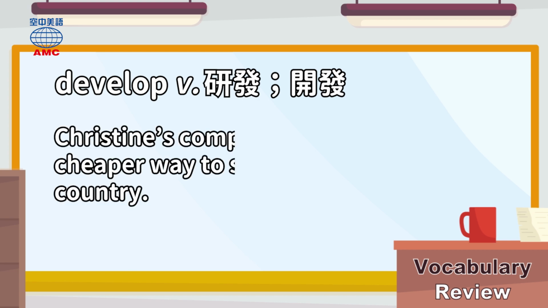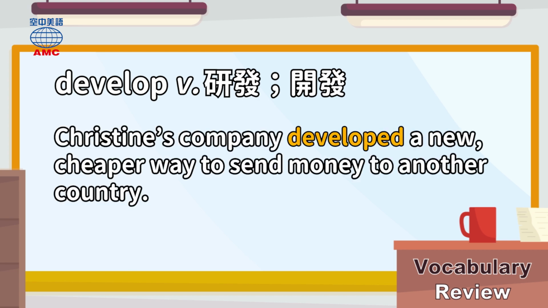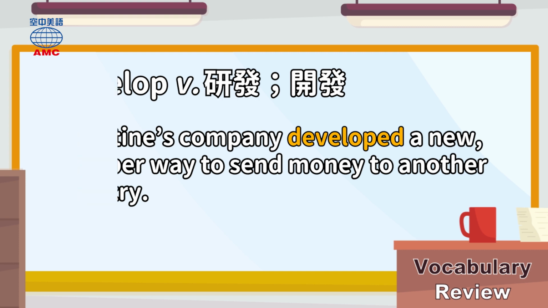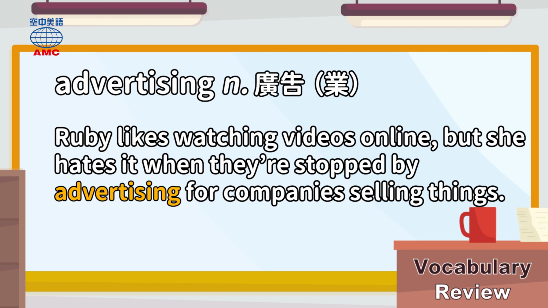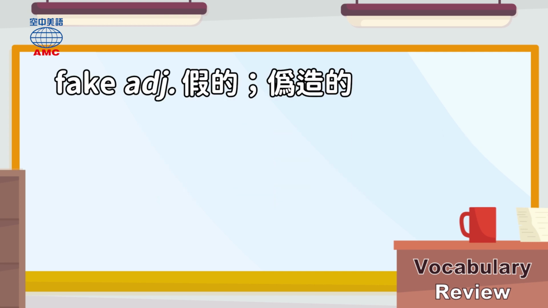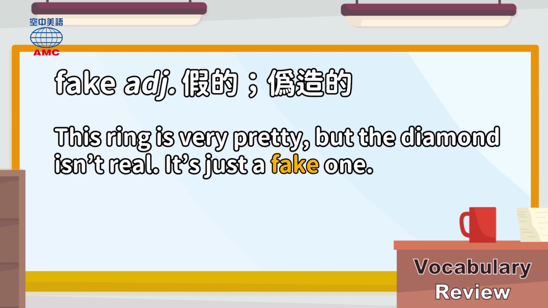Develop. Christine's company developed a new, cheaper way to send money to another country. Advertising. Ruby likes watching videos online, but she hates it when they're stopped by advertising for companies selling things. Fake. This ring is very pretty, but the diamond isn't real. It's just a fake one.